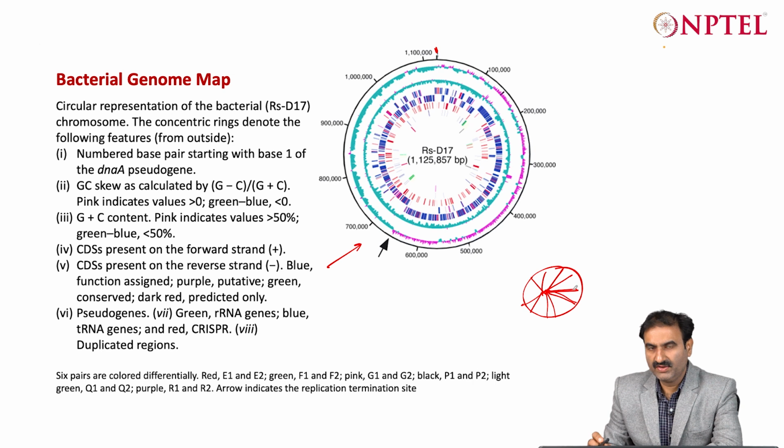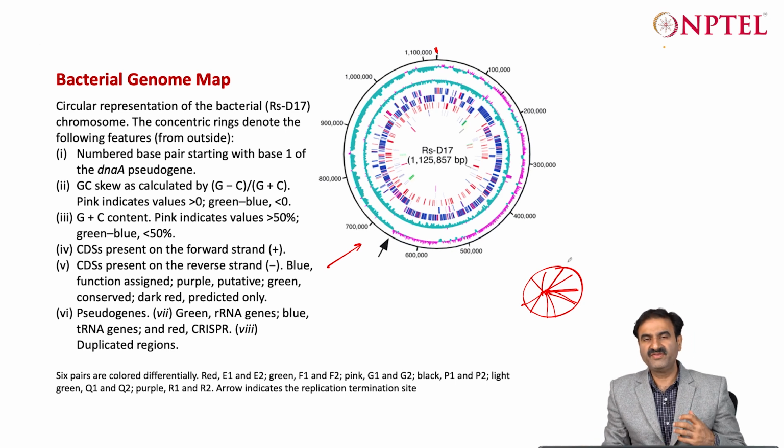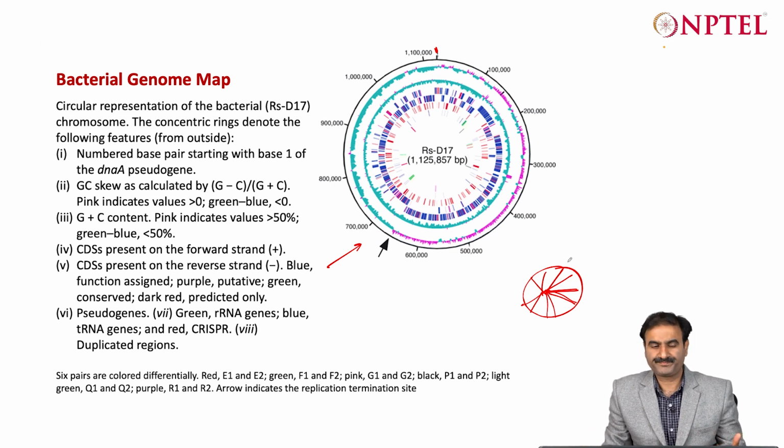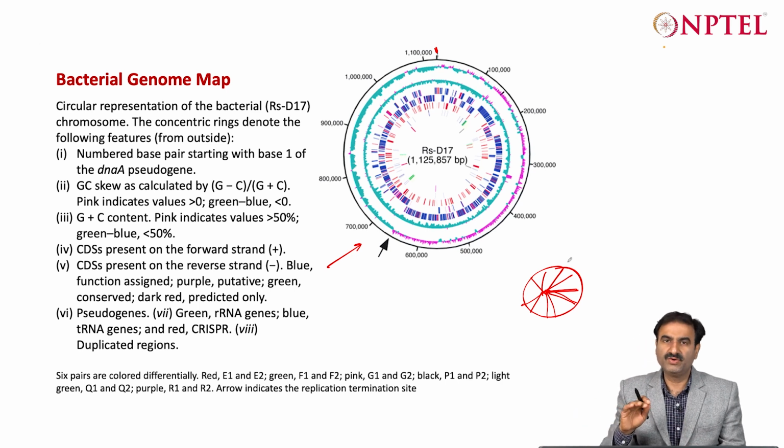Because the wheel you can rotate, the first position is assigned to the dnaA gene, or the gene which has the origin of replication. So that location is assigned the first base pair, and generally that gene is 1 to 1317 base pair, and all the genes that you found, the genome numbering, is according to that gene.